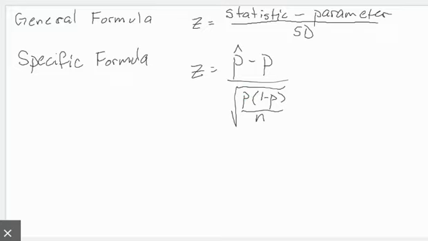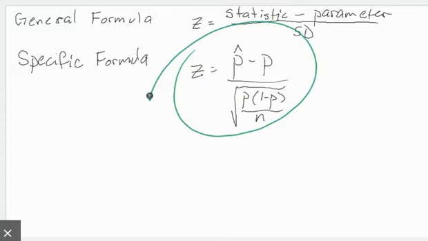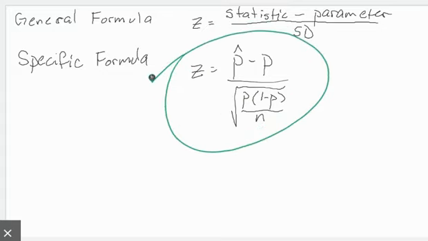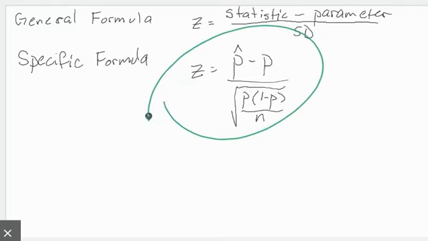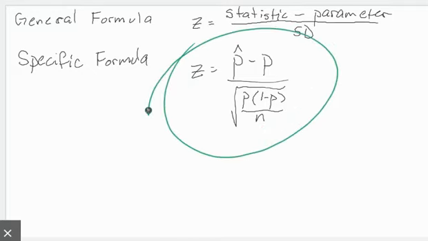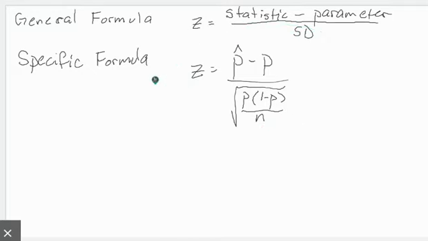We've seen this before. We used this formula to find the area under the curve for a sampling distribution for proportions. And so we're going to use it again. Now we can go ahead and do our work.